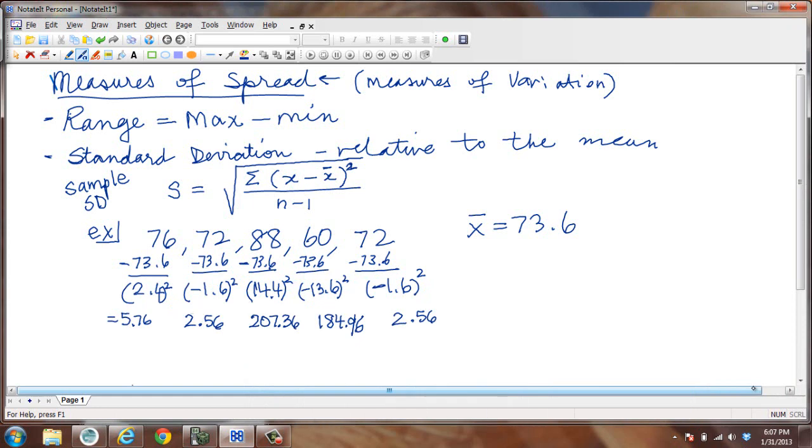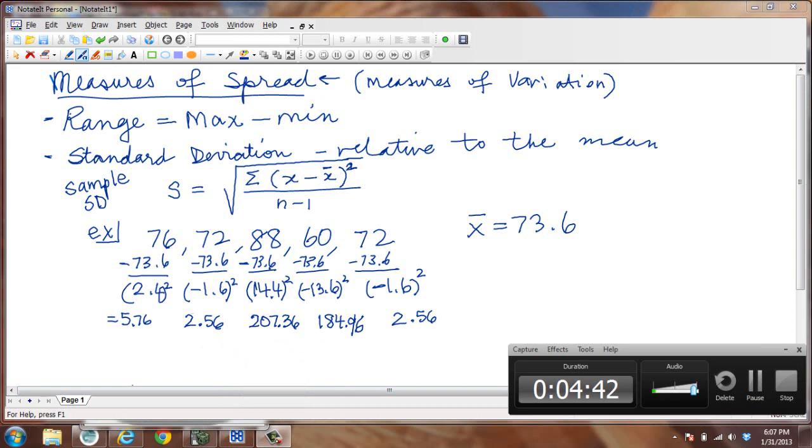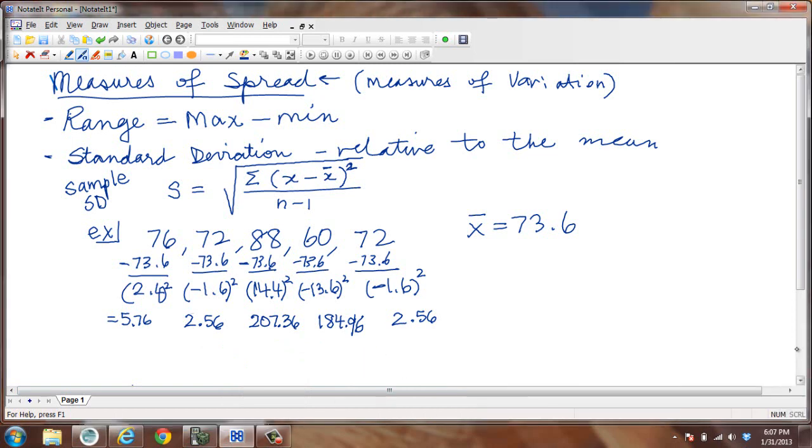Alright, so now I took a minute, and I squared each of these numbers. Okay, so I have the differences, I've squared them, and now you've noticed when you square numbers, the negatives go away. And now what you want to do is add up all these numbers. That's what the sigma is telling me. Okay, so I have these 5 numbers, and let me take a minute and just add these.